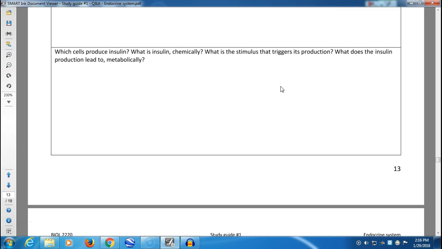Does that make sense? So for glucagon, it will be exactly the opposite. Instead of uptake, glucose will be released from the cells, right? And the processes that will be elevated will be, go ahead. Glycogenolysis, breakdown of glycogen, and gluconeogenesis, right?